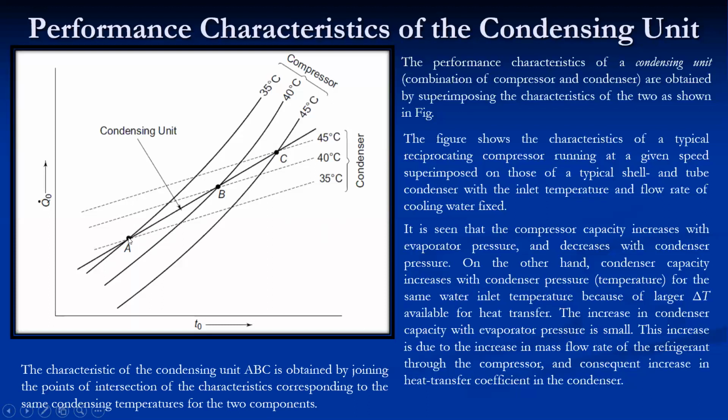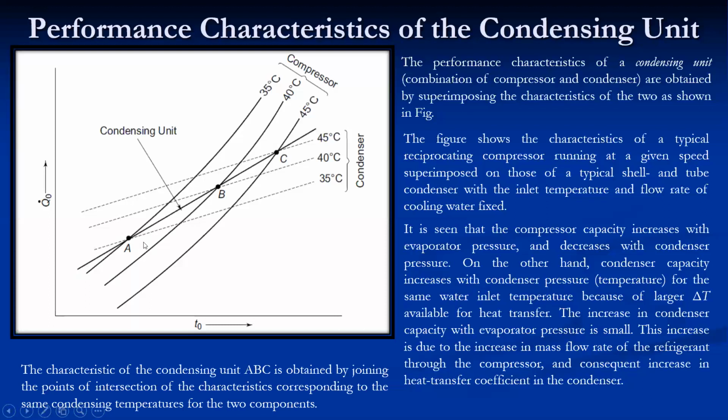Suppose at point A, for the compressor, the condensing temperature is 35 degrees Celsius, and for the condenser also 35 degrees Celsius. At B, for both devices, the condensing temperature is 40 degrees Celsius, and at C, for both devices, the condensing temperature is 45 degrees Celsius.